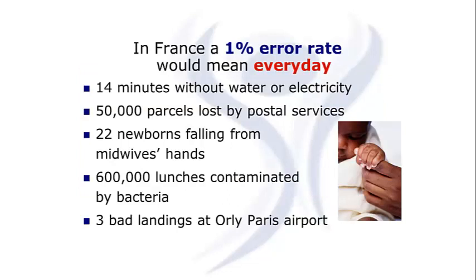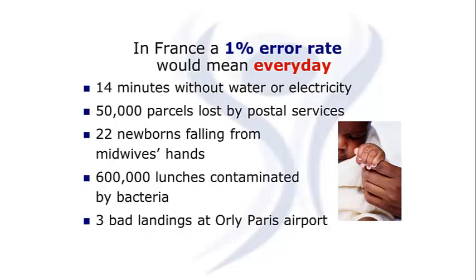In France, for example, a 1% error rate would mean that every day 14 minutes without water or electricity would happen, and that there would be 50,000 parcels lost by postal services every day, and that every day 22 newborns would fall from midwives' hands in a hospital somewhere.